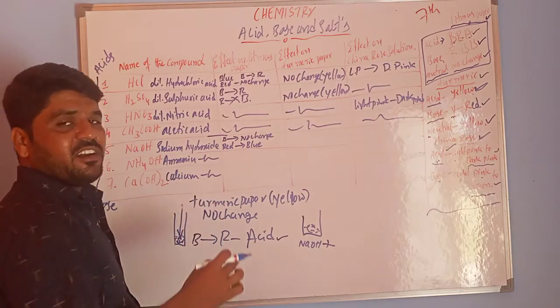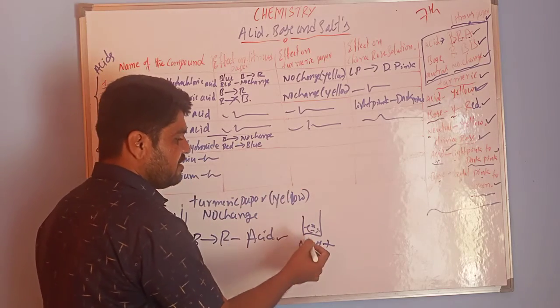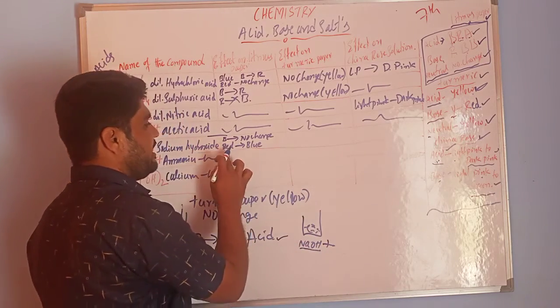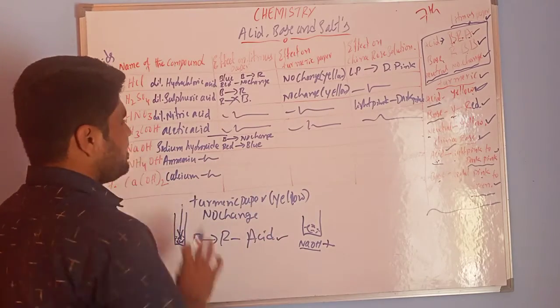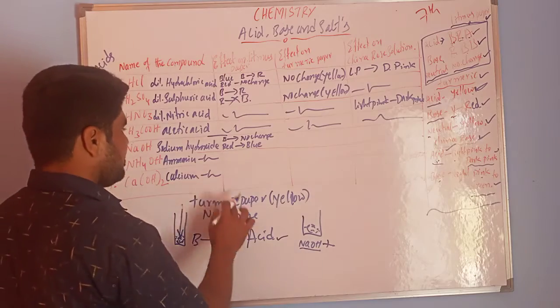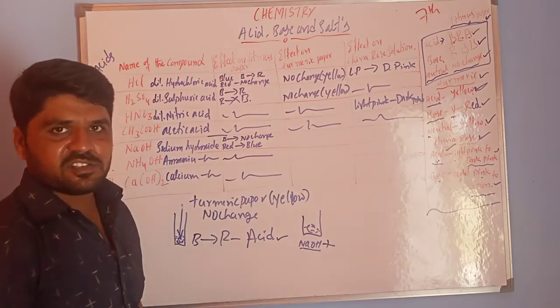If we dip red litmus paper in this NaOH solution, it changes into blue color, then we call it a base. Same answer for ammonium hydroxide and calcium hydroxide.